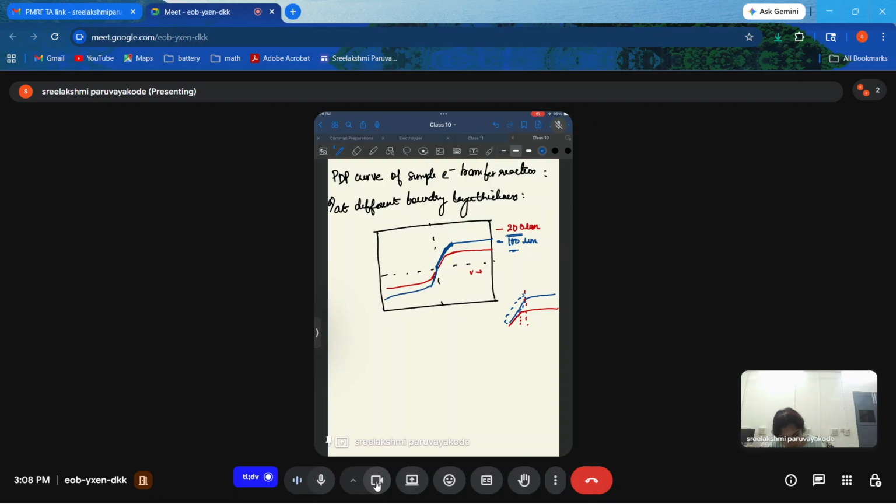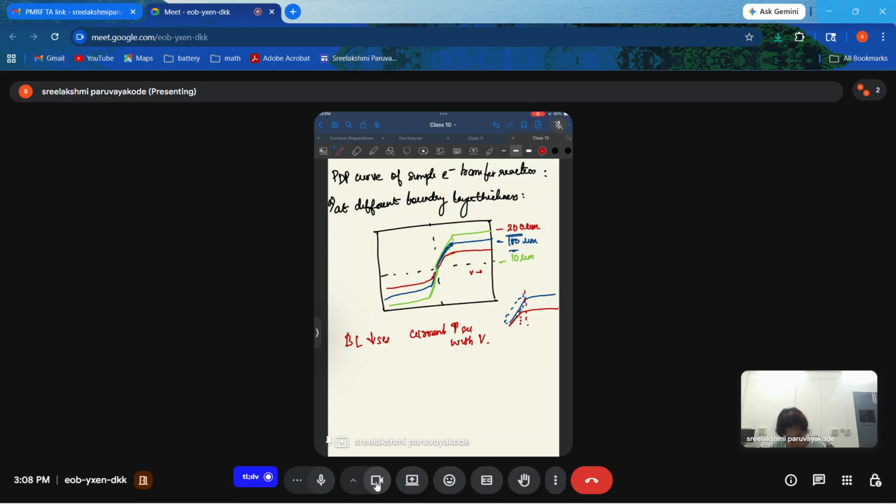Here it was still this. Now the next case is, here it was still this, now it is still this much. This is 10 micron. Same way here also. So two things happen when boundary layer thickness reduces. You will see that the current increases with potential.